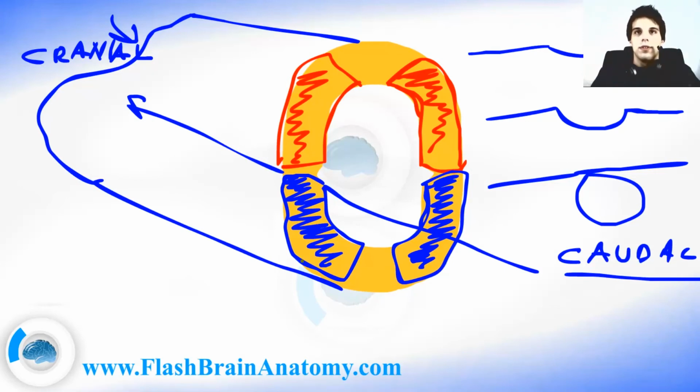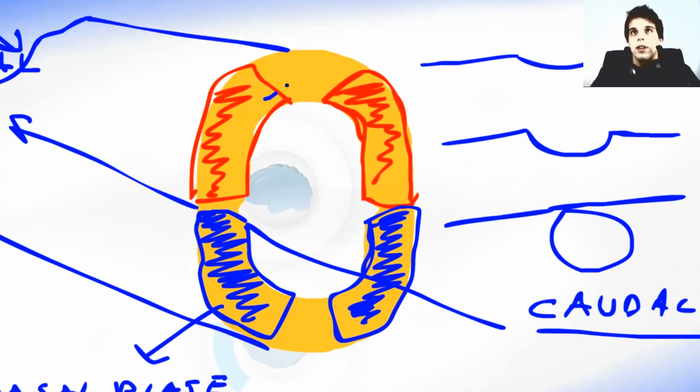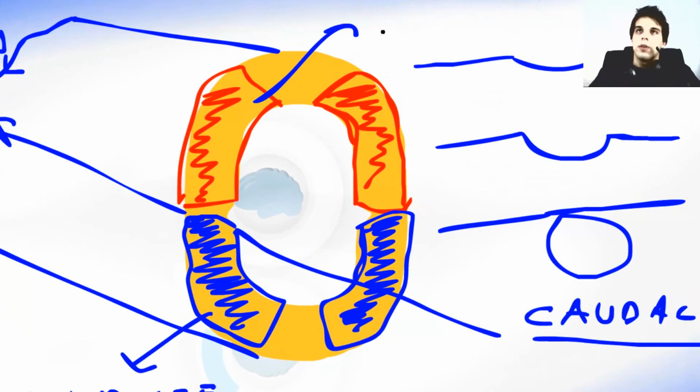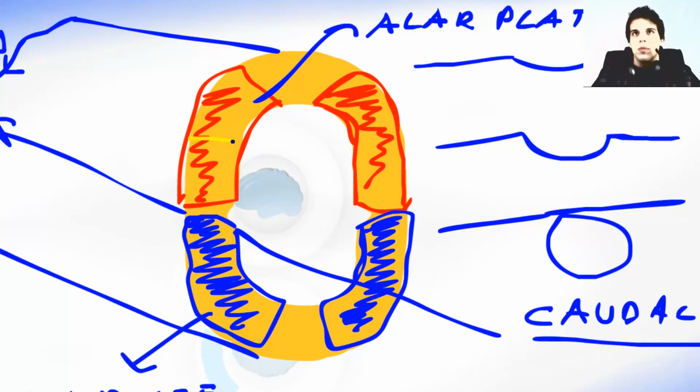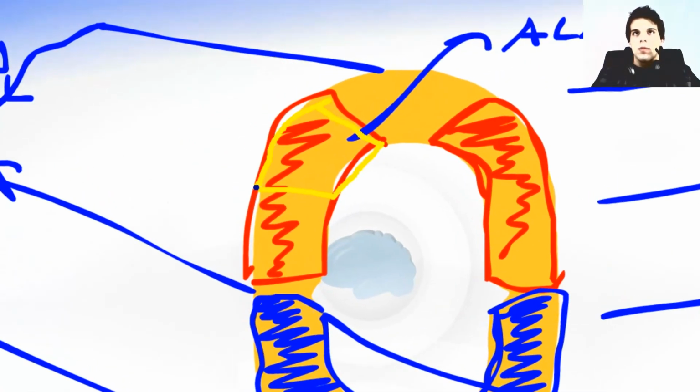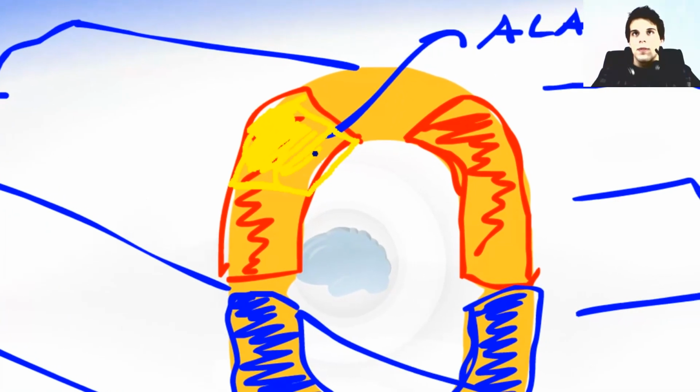Now let's get back to the neural tube. Let me write this. This was the basal plate on the ventral side, and this was the alar plate on the dorsal side. The dorsal part of the alar plate is important for environmental perception or somatic sense.